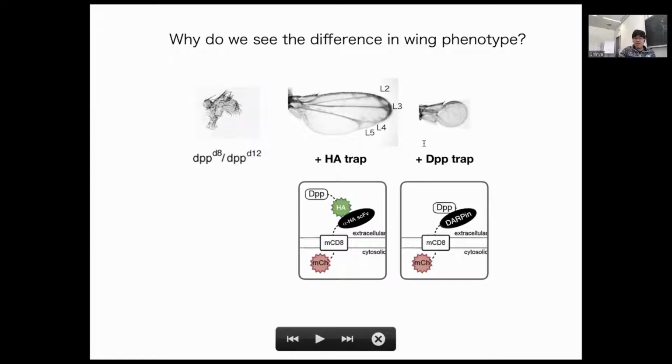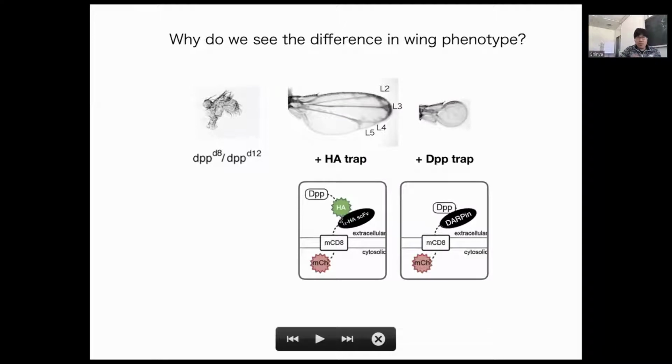But if you interpret the DPP trap phenotype as a phenotype of blocking dispersal, you may think that dispersal is super important. So of course, we don't know yet why they show distinct phenotypes.